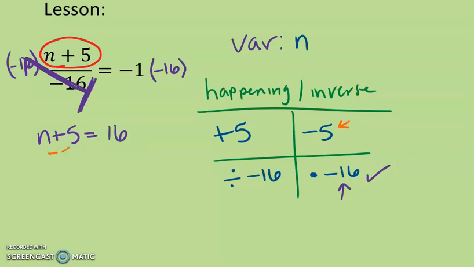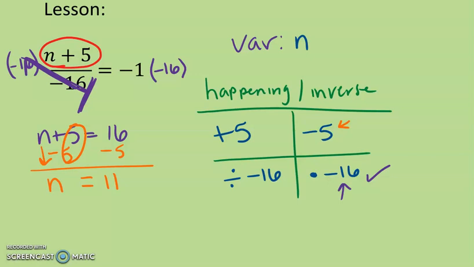So I'm going to subtract 5 over here. I'm going to subtract 5 over here. Nothing happened to my n, so I'm just going to bring that straight down. 5 minus 5 gives me a nice big 0. Equals 16 minus 5 gives me 11. Now I have my variable all by itself, and it's a positive variable. Right, it's not negative, it's positive.